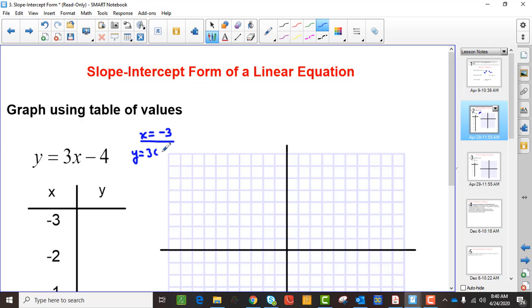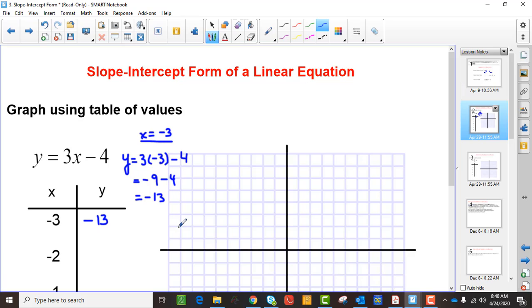So y equals 3 times minus 3 and then minus 4. That gives me minus 9 minus 4, and that gives me minus 13. So that's my first point.